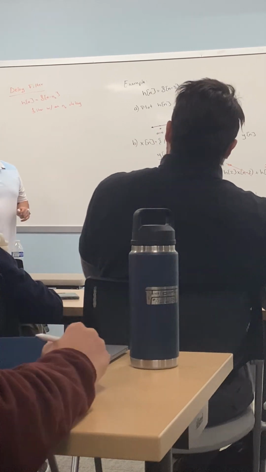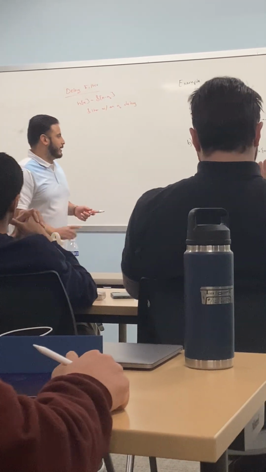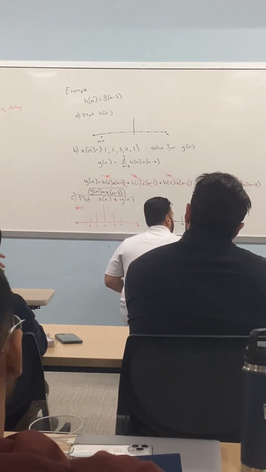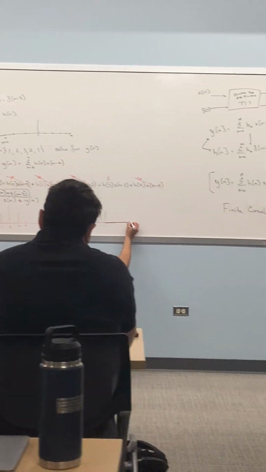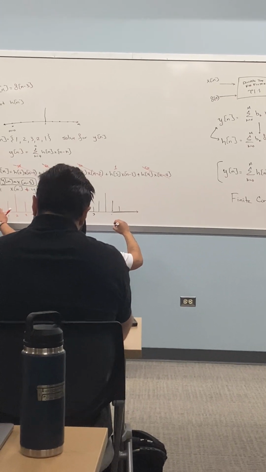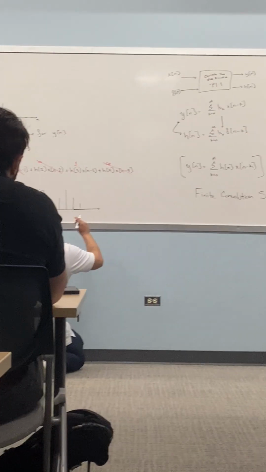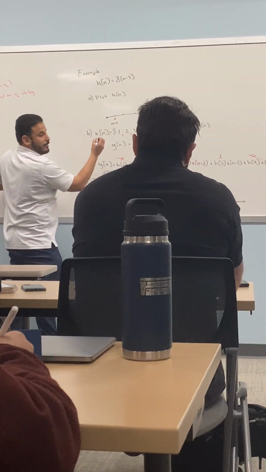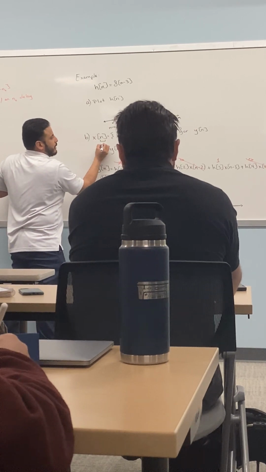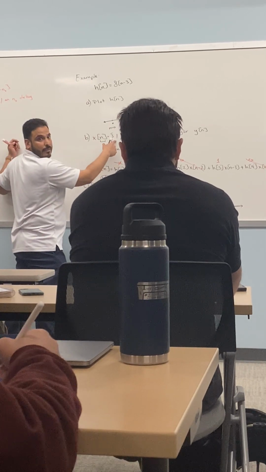How do you put x of n and y of n? Okay, so remember in the beginning of class I talked about the general pulse, and how you shifted it. For x of n, when whatever is inside equals 0, then it's 1.